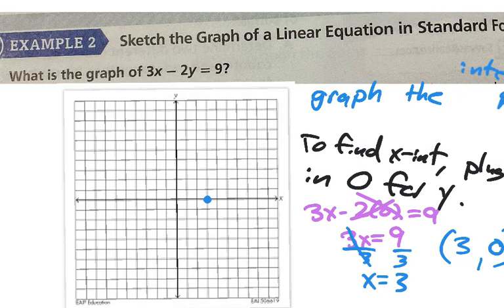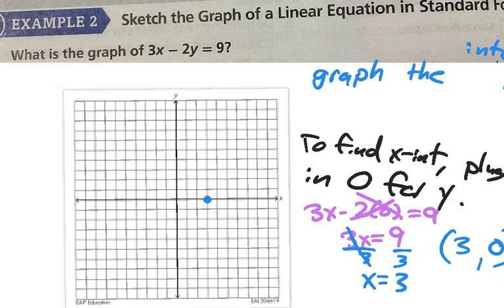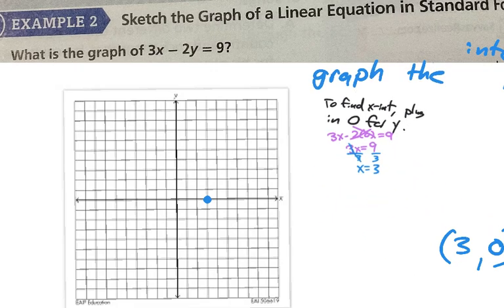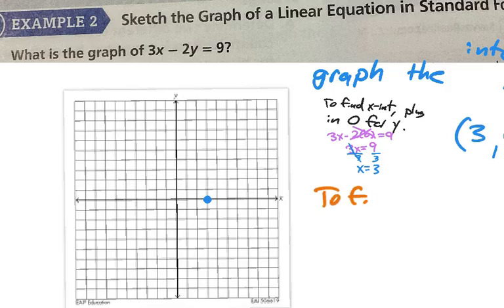Sweet. Now, again, I told you I needed 2 points. So I found the x-intercept. Now let's find the y-intercept. How can I find the y-intercept? That's it. If it's a y-intercept, we know the x value has to be 0, because every y-intercept is 0 comma something. So to find the y-intercept, plug in 0 for x.